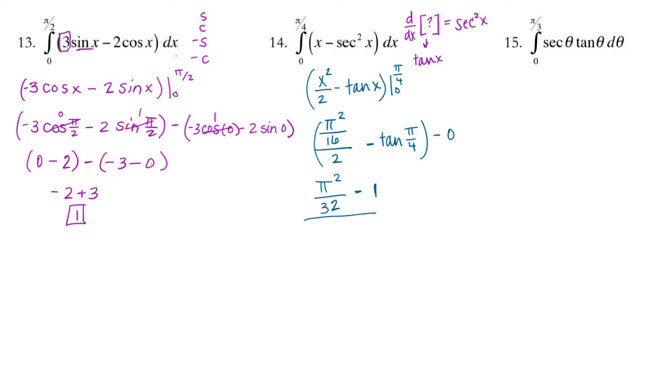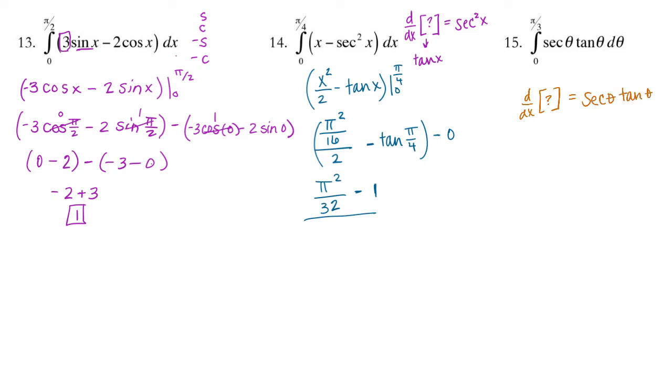All right, number 15 always gets people as well. They're like, oh no, what is this? I don't remember. But again, go over to the side and ask yourselves, back during the first semester, we did the derivative of something, and the derivative of that something gave me secant theta, tangent theta.